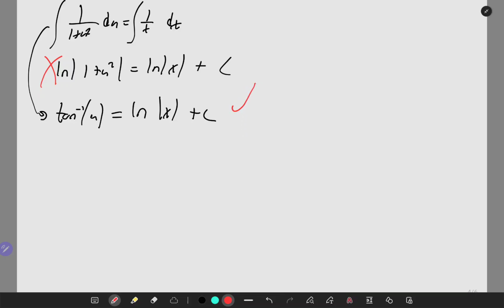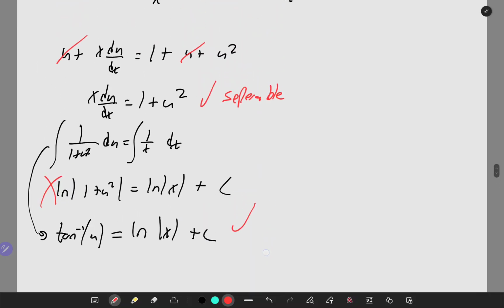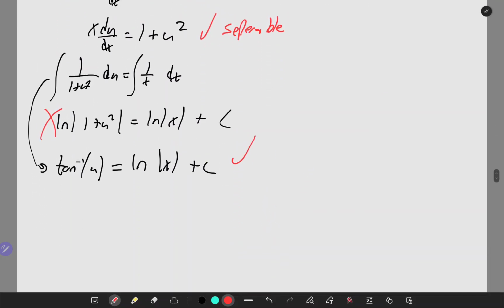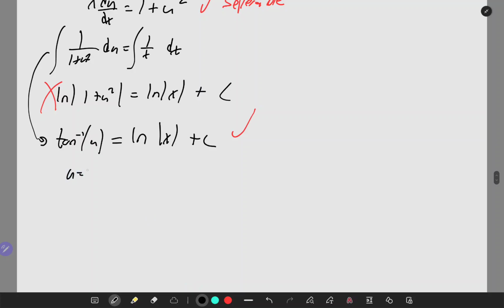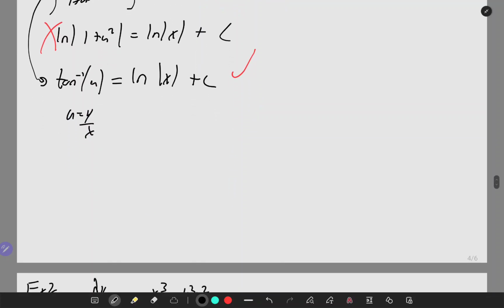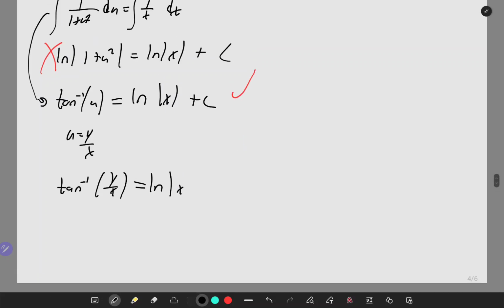Now, let's see. We can plug in for u, because we know u is y over x, right? From before, u is y over x. We're left with tan inverse of y over x is equal to natural log of x plus c.